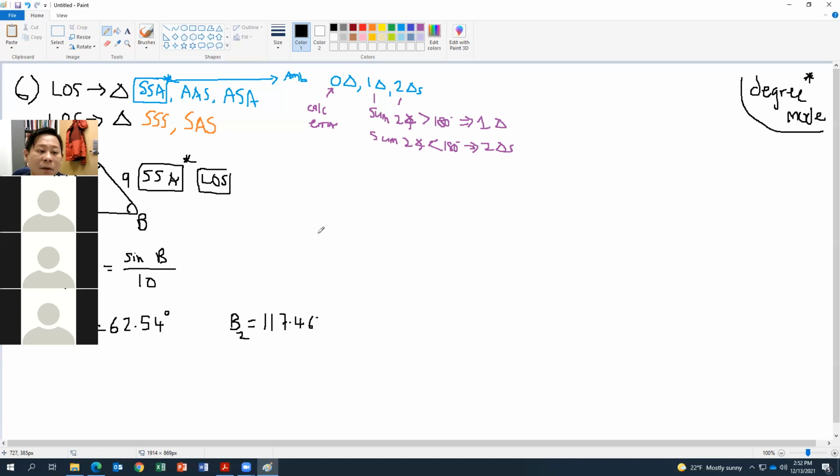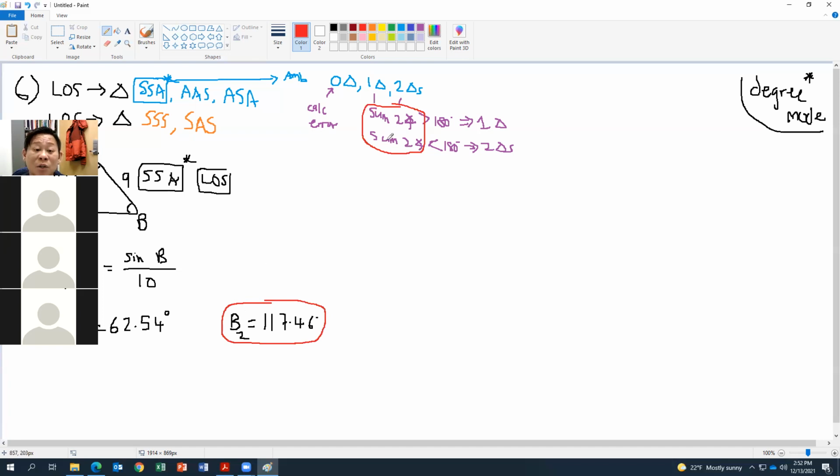But now the main point is, do we have one or two triangles? When I say sum the two angles, which angles are we talking about? We're talking about this angle with the one given to us.